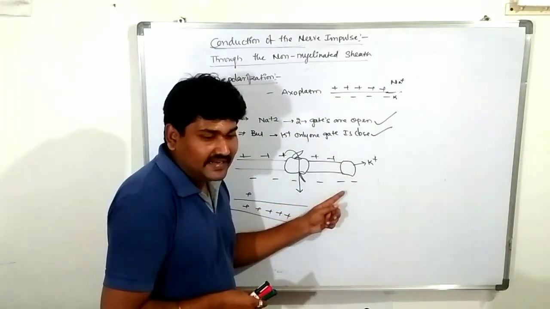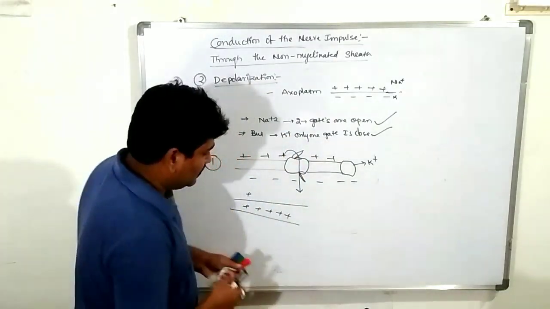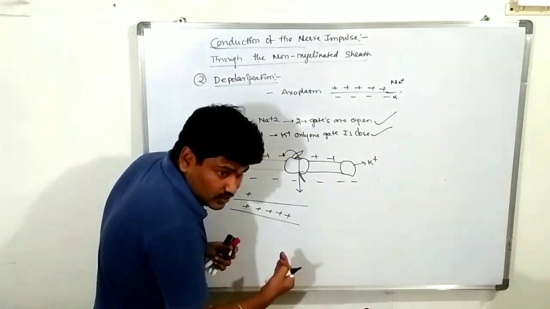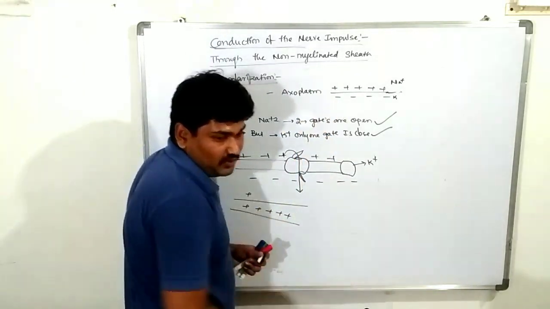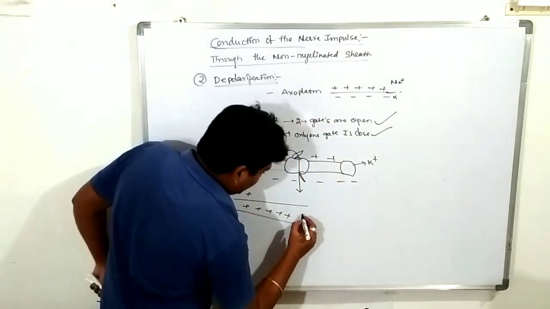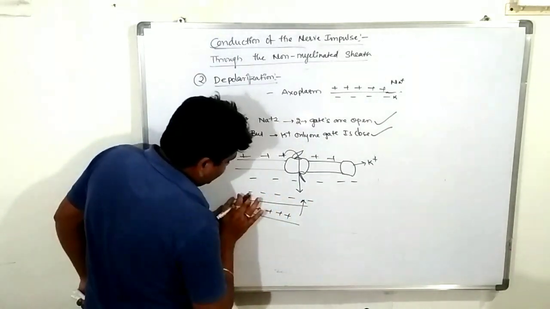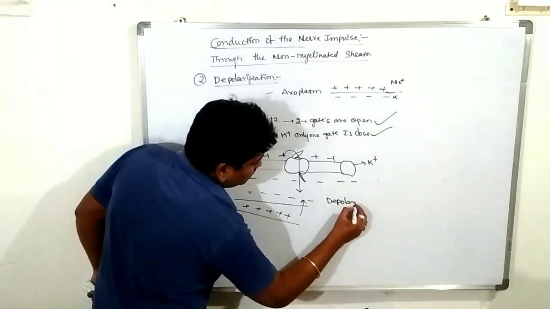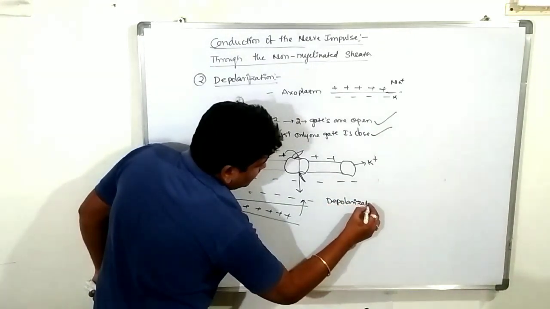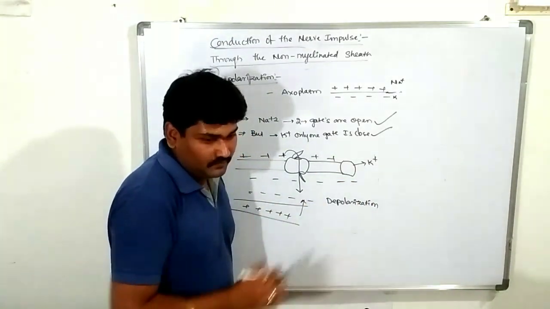The potassium ions come out from the axoplasm to the axolemma. After the sodium is released, the potassium ions become activated and are released outside of the axoplasm. After the potassium ions enter the outer surface, this is known as depolarization. Depolarization means exchanging of two sides.